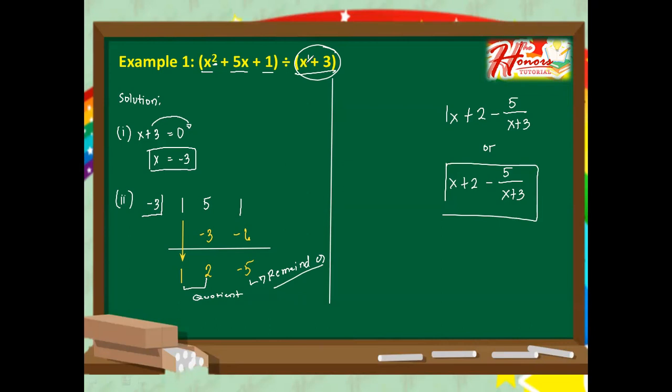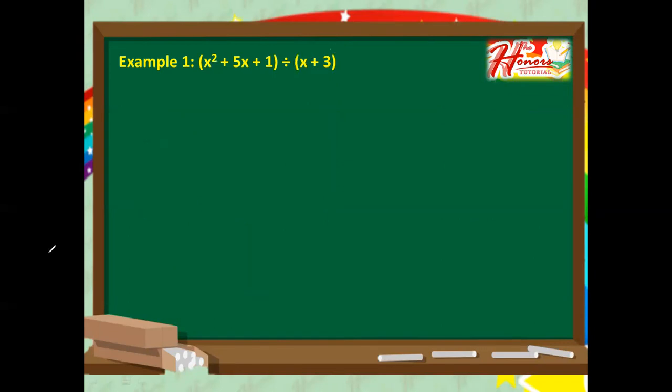Next, we have here 2x cubed minus 11x squared plus 9x minus 20 divided by the quantity of x minus 5.